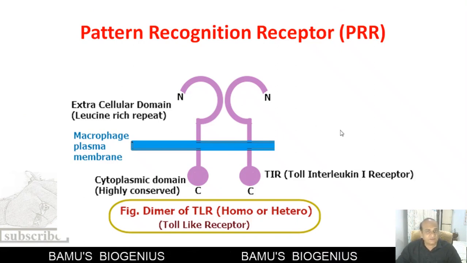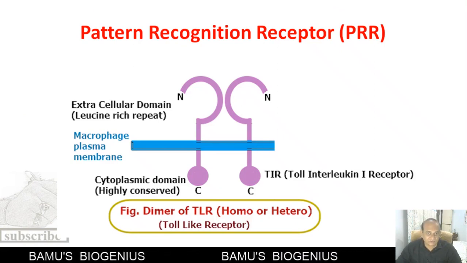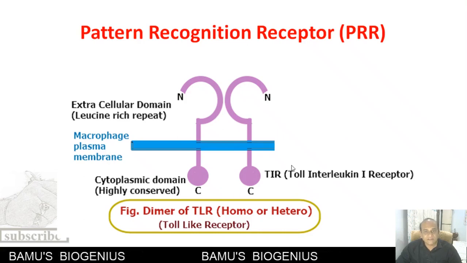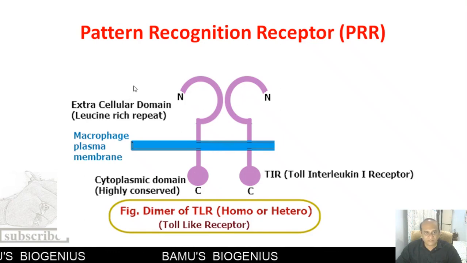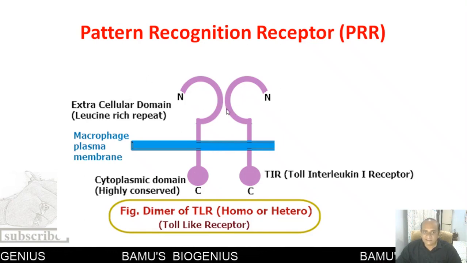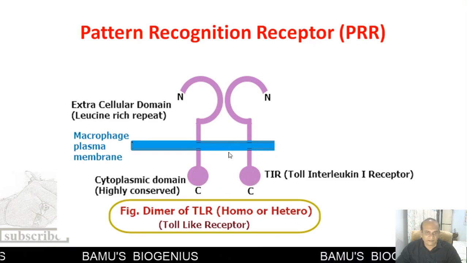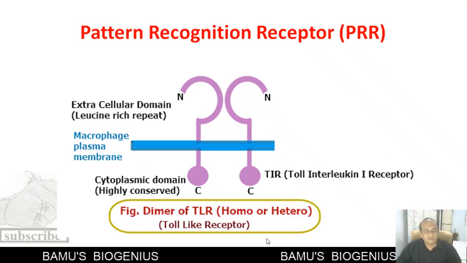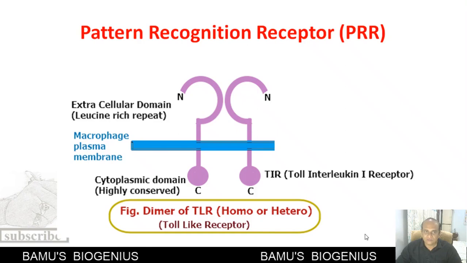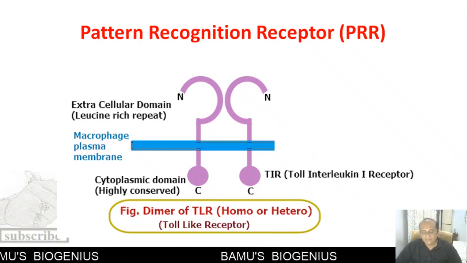The significance of the formation of oligomers or dimers is that they can enhance the process of signaling. A very small amount of a PAMP can stimulate a response on the cytoplasmic side, and that response is transmitted inside the cell. This is how the oligomers help in identifying that particular type of PAMP.